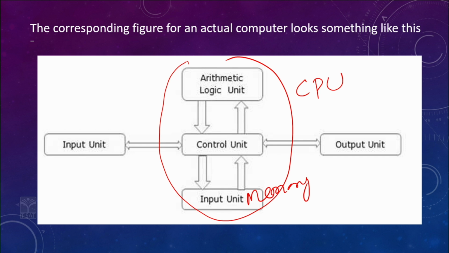So, a computer basically has three parts: the input unit, the central processing unit, and the output unit. In the central processing unit, we have three parts: the arithmetic logical unit, which we sometimes call the ALU, the control unit, and the last one, memory. There is temporary memory and permanent memory. We will discuss all those things.